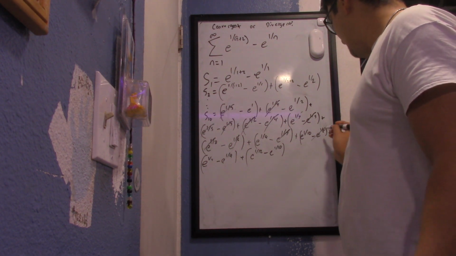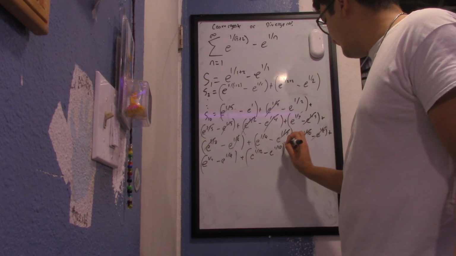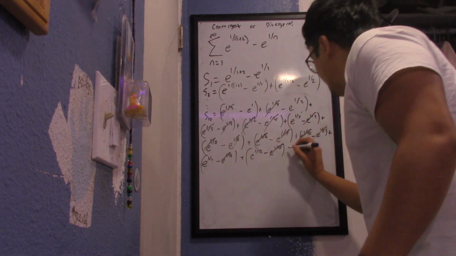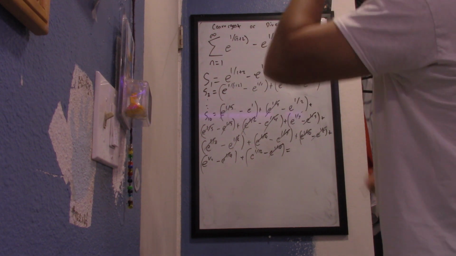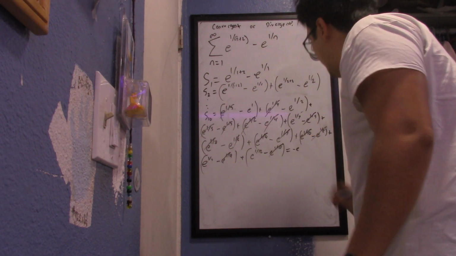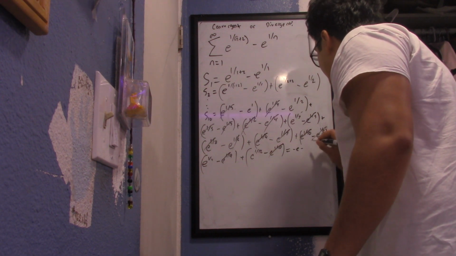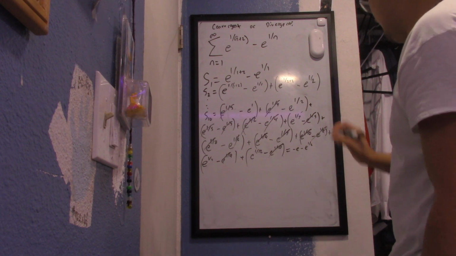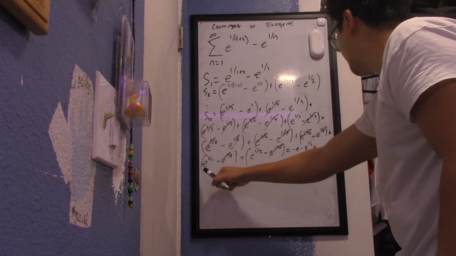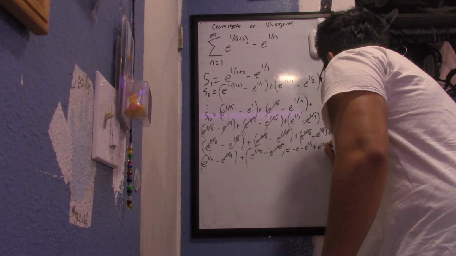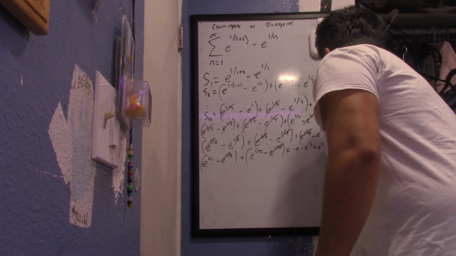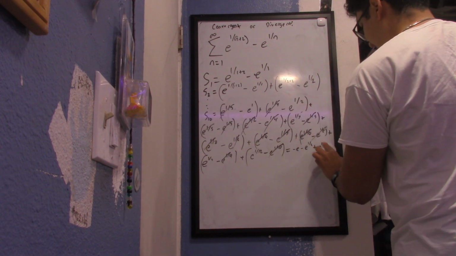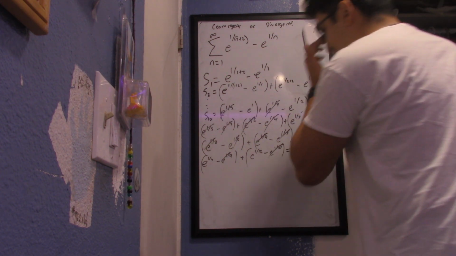And the last one would be this one right here, positive, negative, and positive, negative, which leaves us with negative e minus e to the 1/2 plus, this is left over, e to the 1/11 plus e to the 1/12. e to the 1/12, right? Because those are what are left over after we cancel everything out.